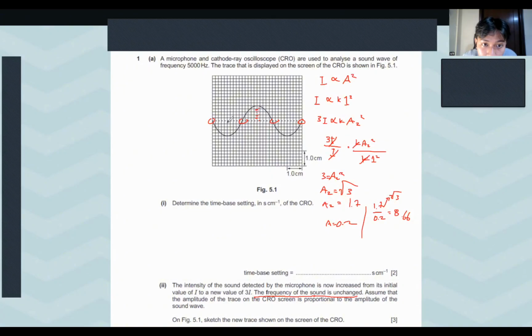So the new amplitude is 1, 2, 3, 4, 5, 6, 7, 8, and 9. This one. So we get this point. And 1, 2, 3, 5, 6, 7, 8.